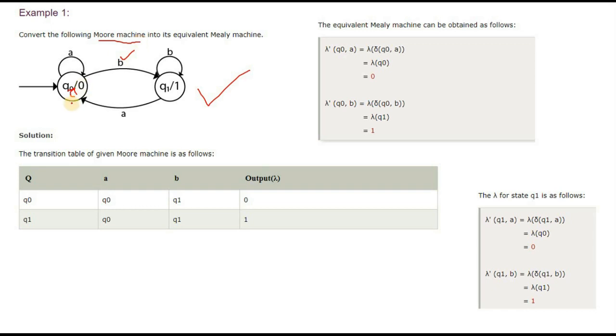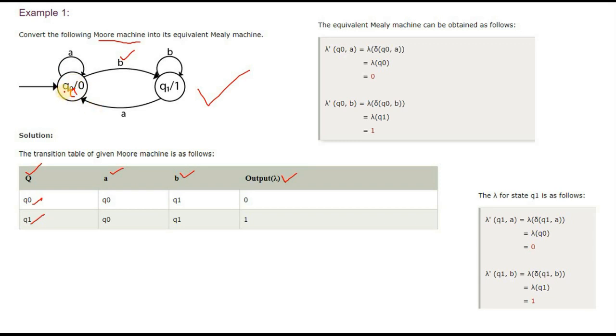the state table from it. How many states are there? First you take these states, Q0 and Q1, in the first column, and that's called the present state. A and B are the inputs, and the corresponding output can be represented by lambda. Now you just concentrate on Q0.